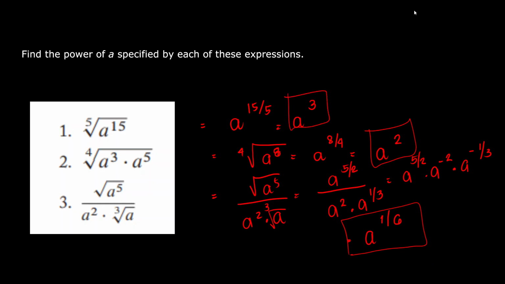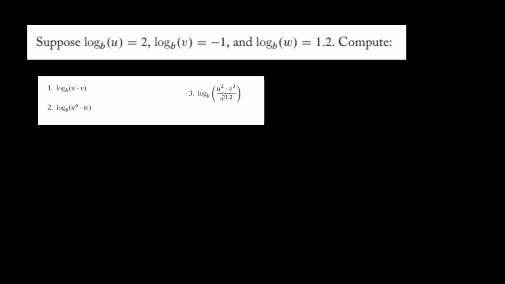Ayan. Okay? So, that's how you manipulate or you simplify powers of radicals. Okay? So, ganyan siya. Next. Ito rin. Suppose log_b u is equals to 2, log_b v is equals to negative 1, and log_b w is 1.2. Compute. So, sa number 1 muna tayo.